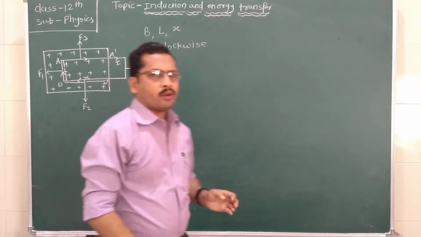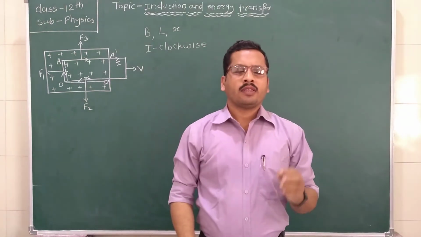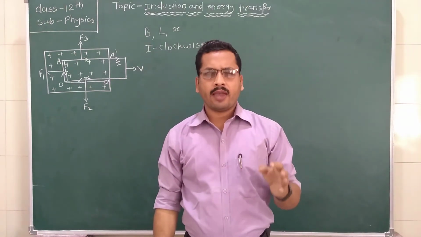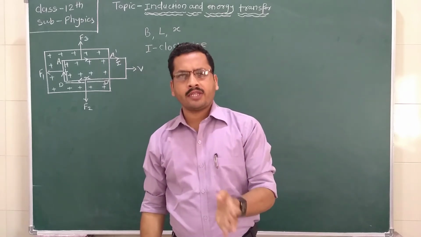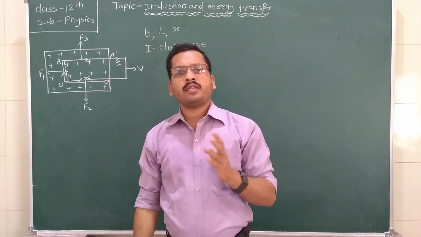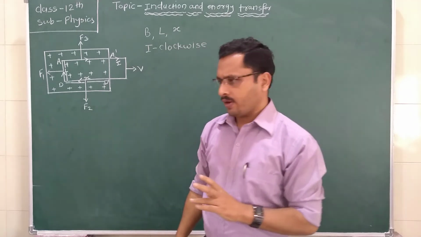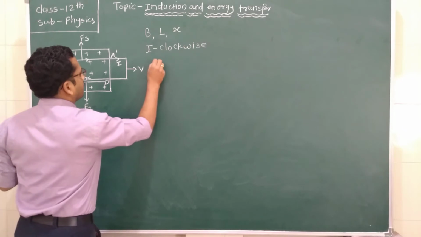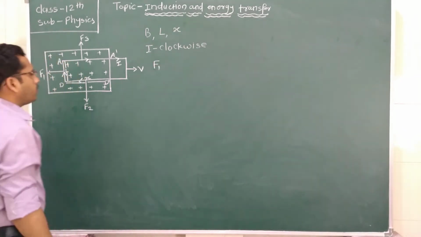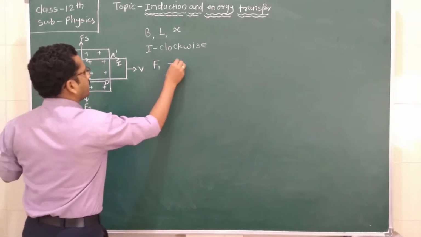Due to the flow of current, the forces F1, F2 and F3 are acting on the sides of the loop which are present inside the magnetic field. So there are three forces acting. F1 is the force acting on side AD.